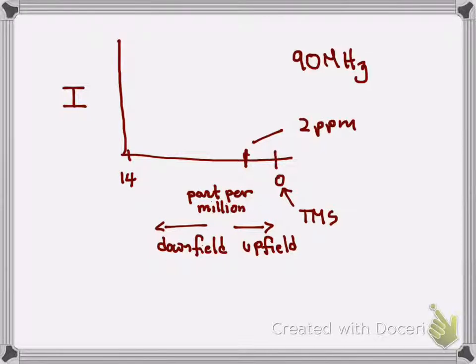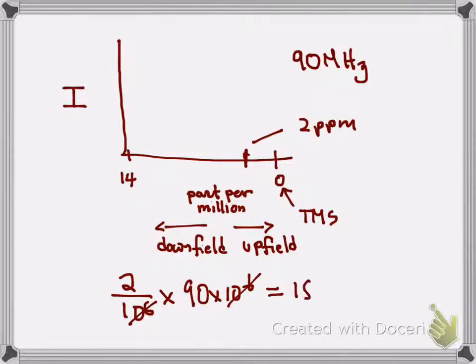It's 2 parts per a million, so that's 2 over 10 to the 6th, and I multiply that by 90 times 10 to the 6th. The 10 to the 6th cancel, and I get 180 hertz. So when I have a signal that's 2 ppm, it's 180 hertz downfield shifted from TMS. And TMS is set to 0.